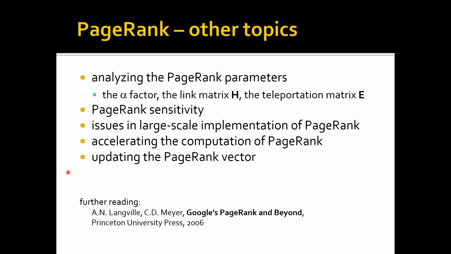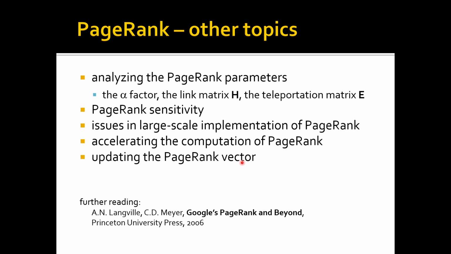To have an up-to-date PageRank vector for all of the pages, we need to repeatedly recompute it, and it would be really time-consuming to do this from scratch, not using the already computed PageRanks for another snapshot of the web graph. So a very important topic is how to update a PageRank vector that was already computed when some pages in the web changed.